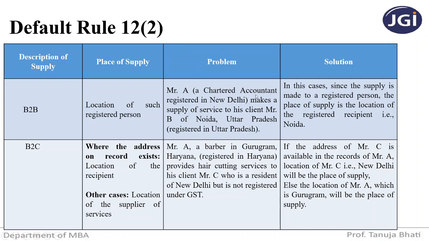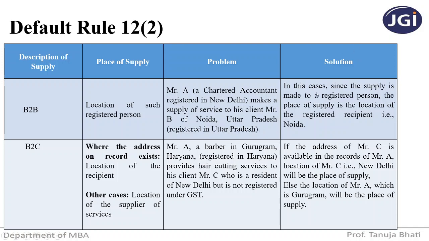Mr. A, a chartered accountant registered in New Delhi, makes a supply of service to his client Mr. B of Noida, Uttar Pradesh, registered in Uttar Pradesh. So what is going to be in this case? There is a supply of service. Now do we know what type of service? We don't know if it is a consultation service or a provision of any other service.